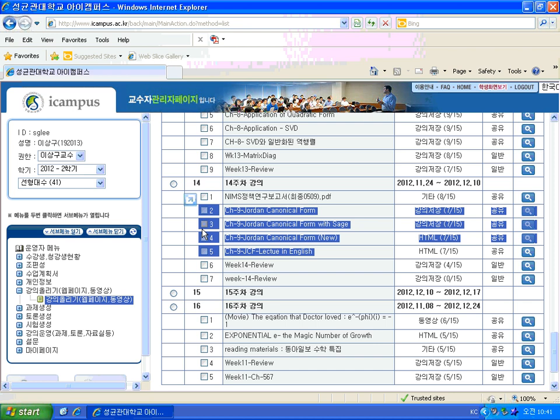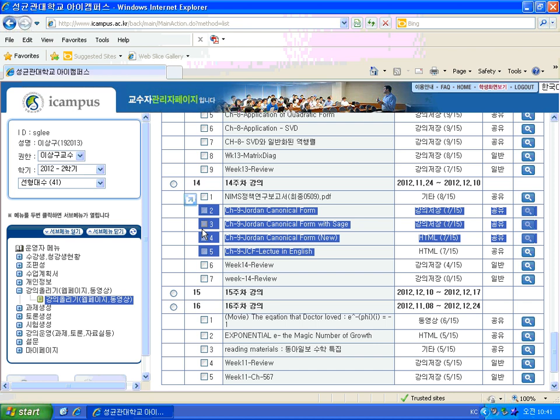So what you are supposed to know is the definition of the Jordan canonical form and the algorithm to find it, and you should be able to actually find the Jordan canonical form of a given matrix.